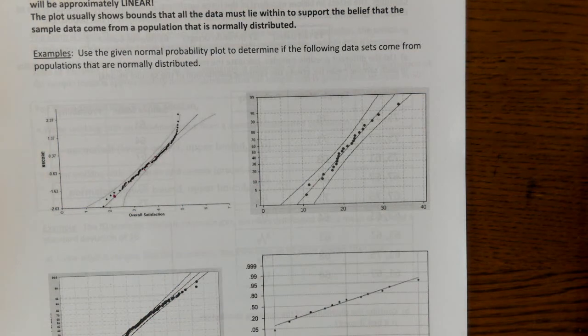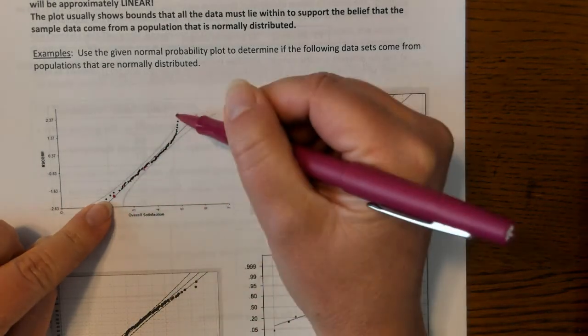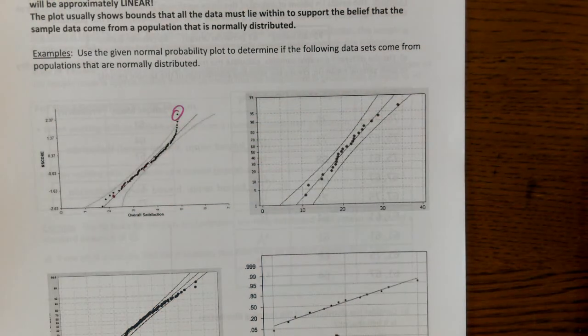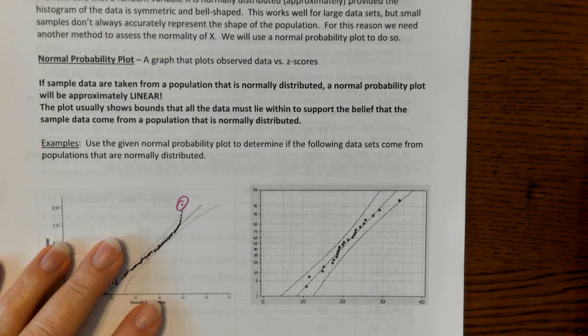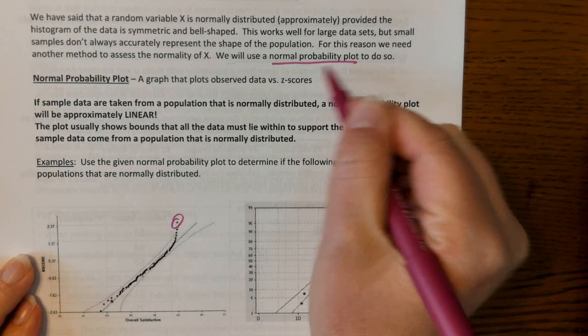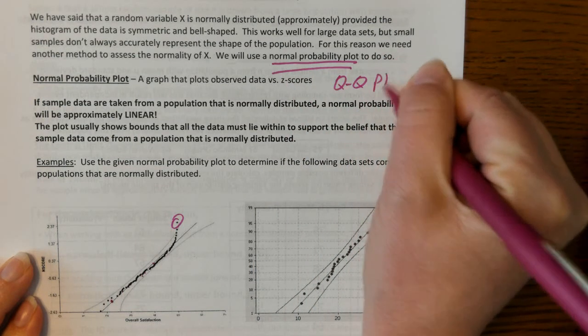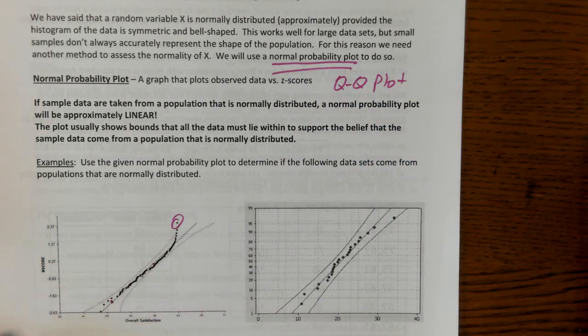However, if the data set is not normal, there will be one or more of those data points that is not very close to this line. It might be out here, off the line by quite a bit. Okay? So when that happens, we say, hey, this is not a normal distribution. The name of this graph, by the way, is called a normal probability plot. Some people call it a QQ plot, but our book calls it a normal probability plot, and that's this graph that I'm looking at right here.